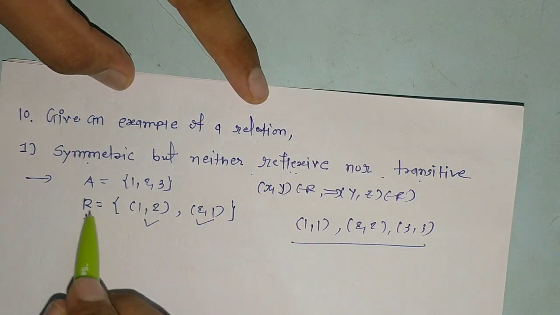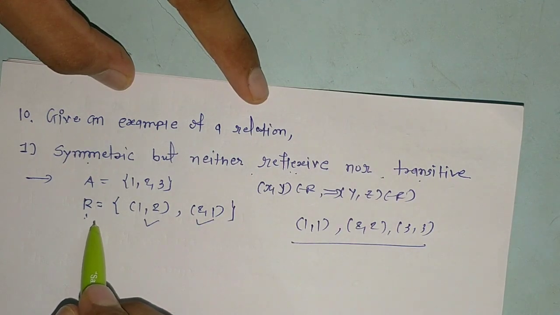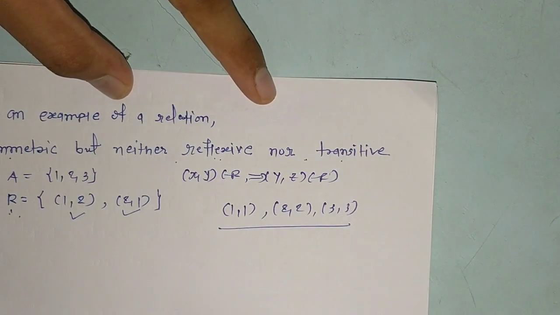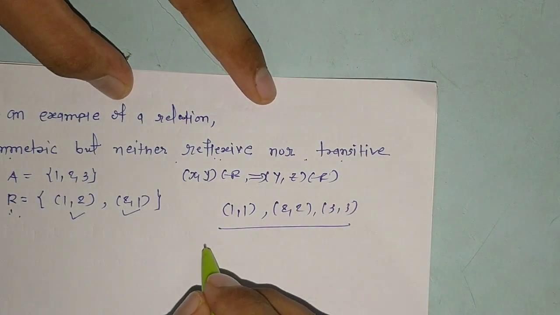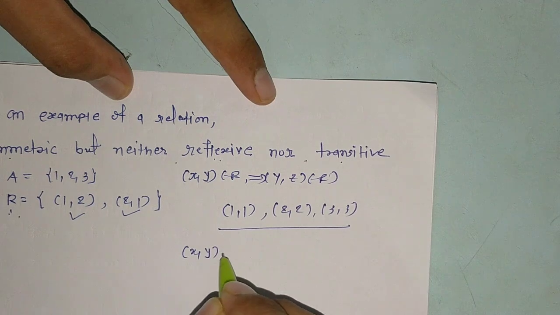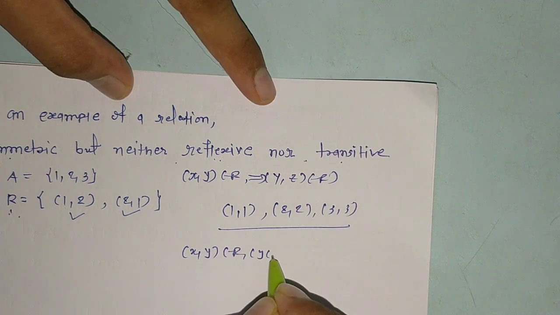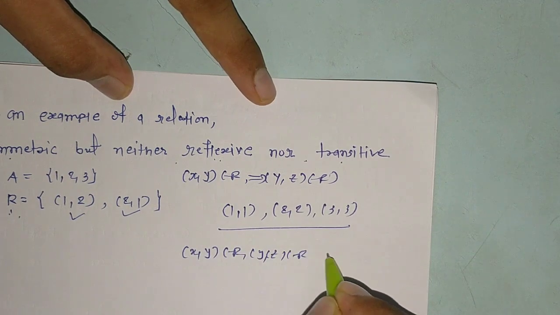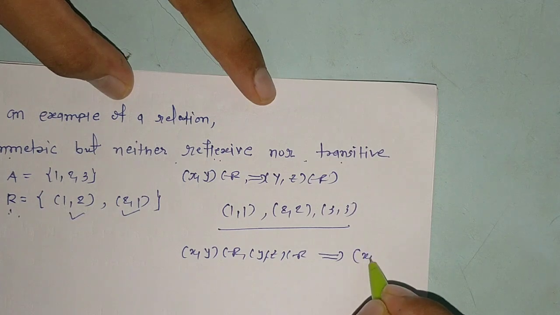So as per this, R is not reflexive. Now transitive. Transitivity says that if (x, y) belongs to R and (y, z) belongs to R, then (x, z) must belong to R.